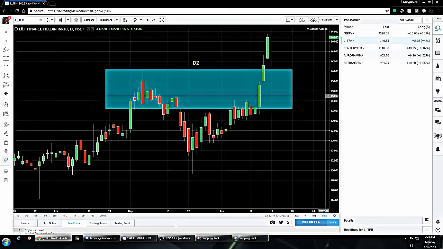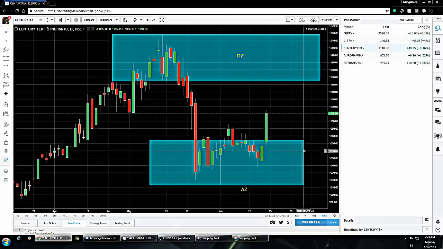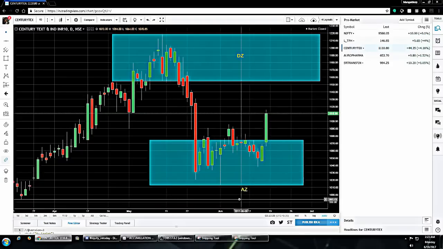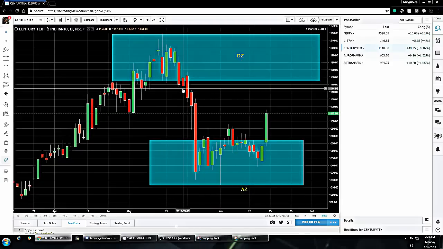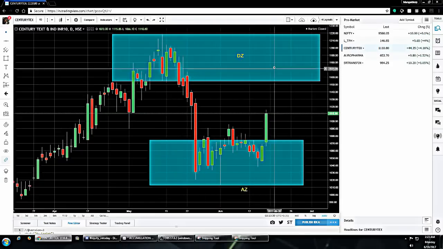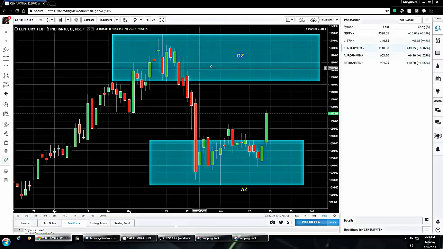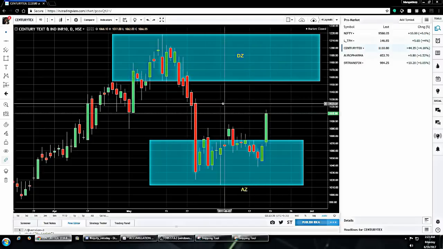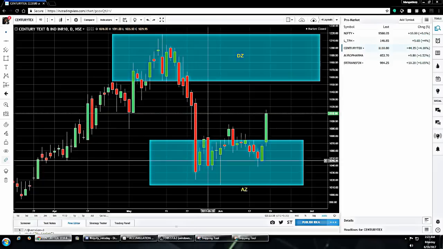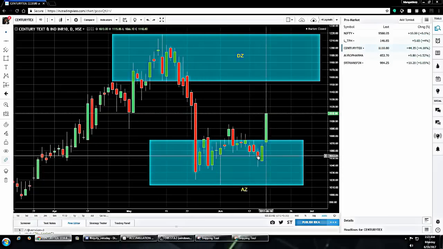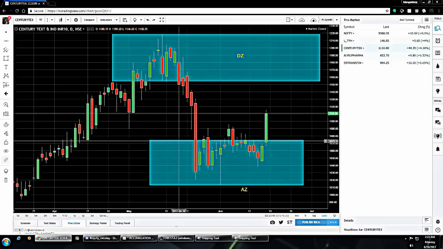Let me take another example, CenturyTex. The low one is the accumulation zone, the high one is the distribution zone. If you look here, the distribution zone has not formed till now. I have marked it just for an example. The prices came down. You can take this point and this point to be an accumulation zone.